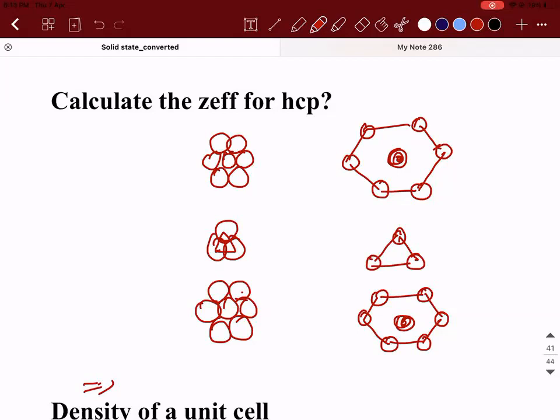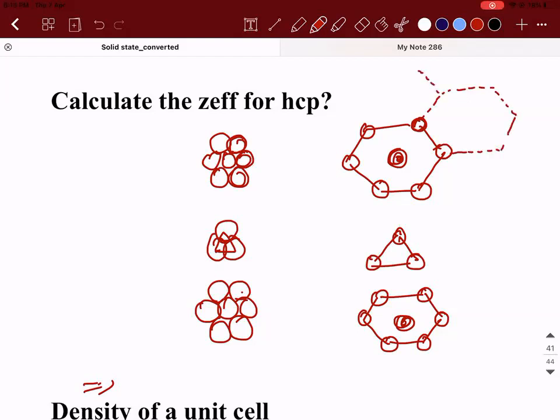This ZF is not for the coordination number. I'm not talking about the coordination; I'm talking about the ZF: how much each and every particle contributes to the unit cell. Now, if I take this particle, not the center one, it will also contribute to another unit cell.